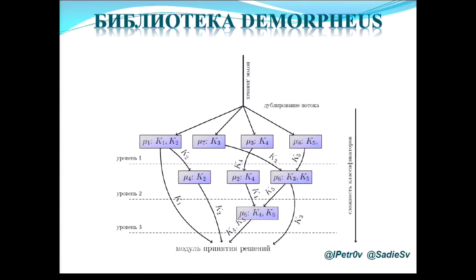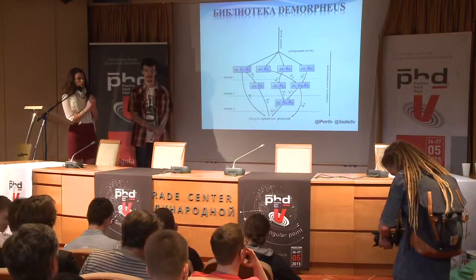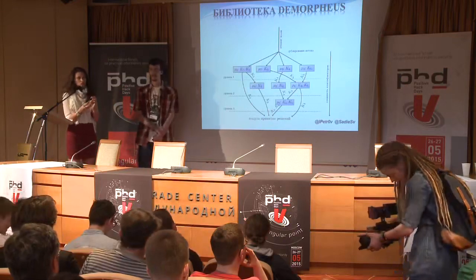The simpler a sign is, the higher it is located in this topology. The more suspicious the code is, the more difficult the detector it goes to. Each detector can tell you that this sign is not executed, so it's not shellcode, and then we just return the package to the channel.